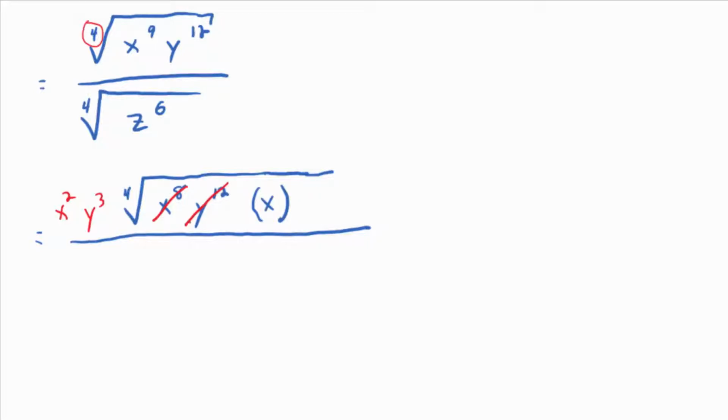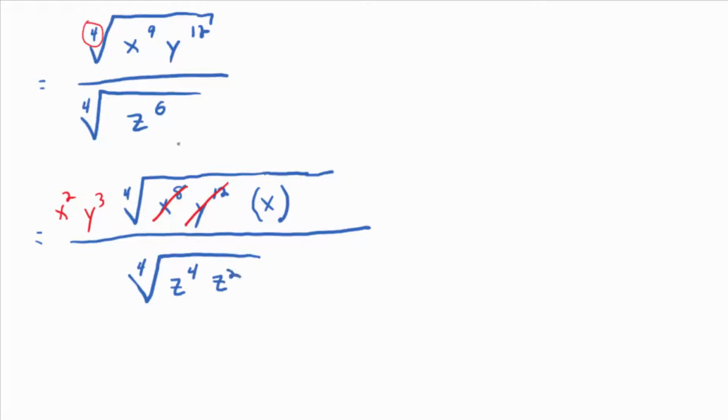Okay, now let's do the denominator. Z to the 6th. How can you break up z to the 6th? We're looking for a perfect what power of z? Because the index is 4, we're looking for a perfect fourth power. What's the next power of z down from z to the 6th that's a perfect fourth power? Well, z to the 4th, right? So z to the 4th, what's left?